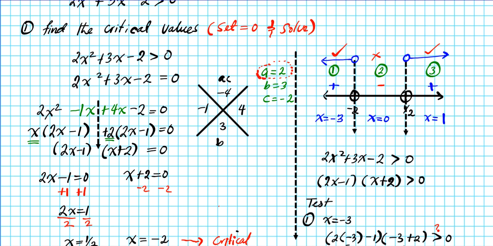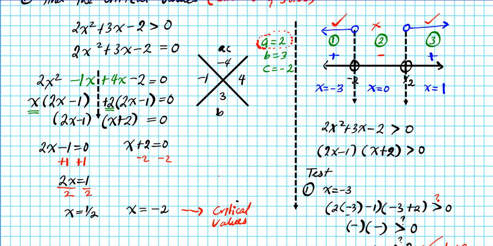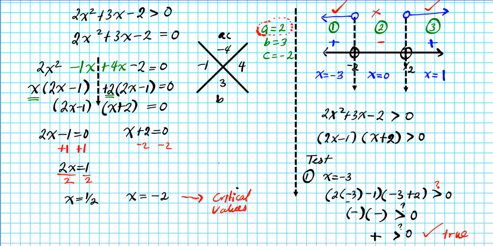Okay? Now how do we write that in interval notation or set or inequality notation? So this is our solution. Our region, we have x is less than negative 2, or x is greater than 1/2.